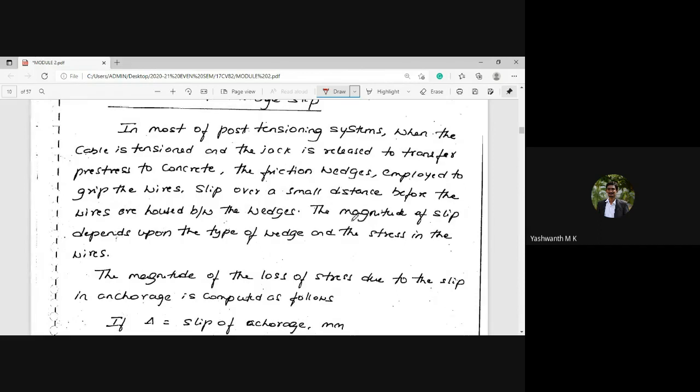The magnitude of slip will depend upon two factors: one is the type of wedges, and the other is the stress I am going to induce.